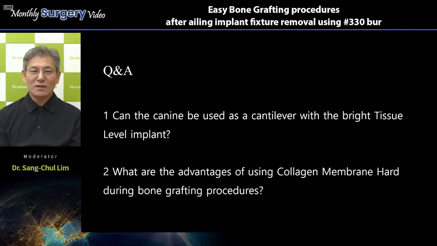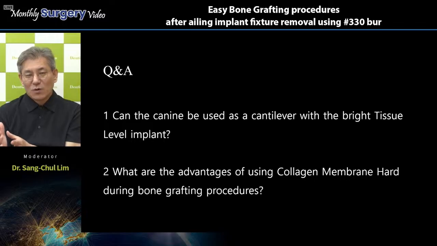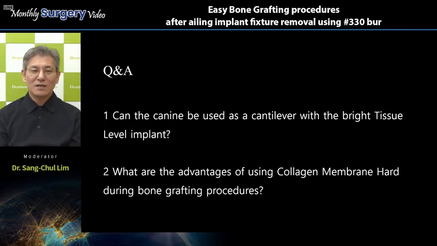So Dr. Zhang doesn't want any more bone loosening in this area. He wants to get higher initial stability. This area is very important, right? So after inserting the Bright TL implant fixture in this 32 area, and then removing the ailing implant, right? That is one of the reasons for making the procedure this way.